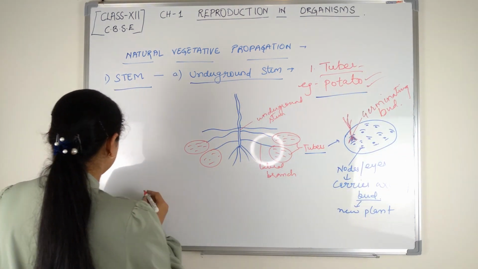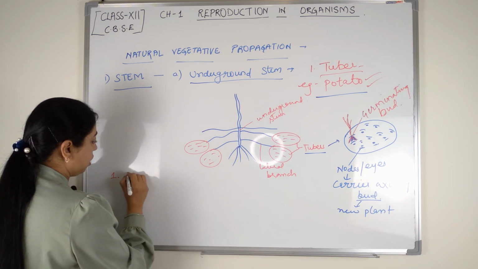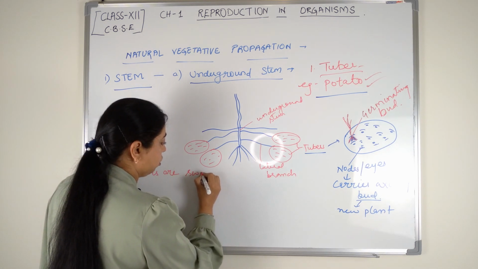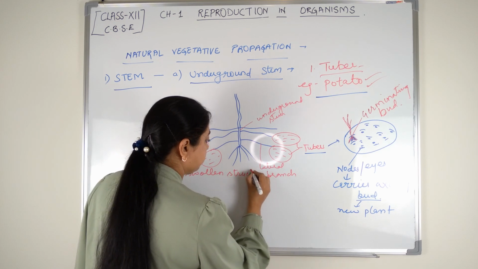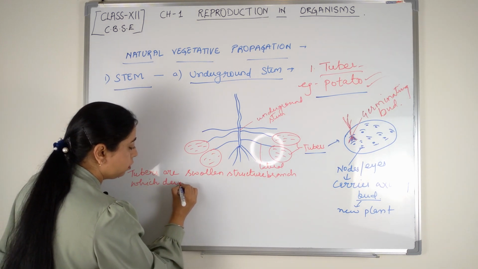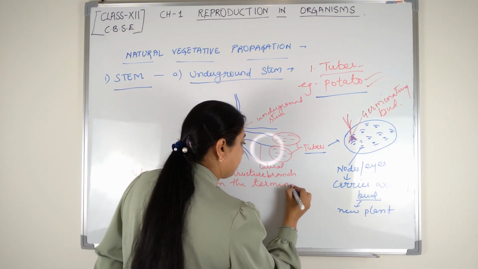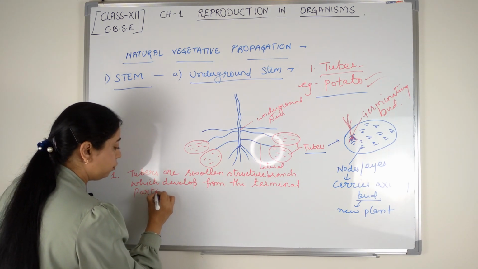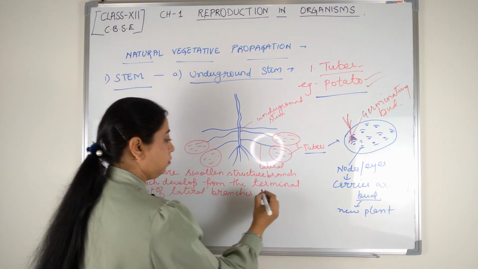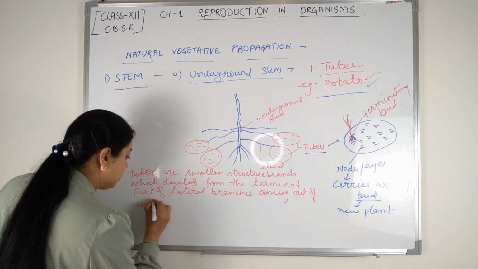The first one, as is already clear from the diagram, is that tubers are swollen structures which develop from the terminal part of lateral branches coming out of the underground stem.